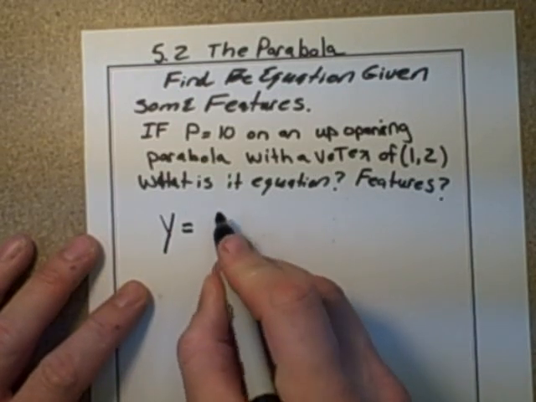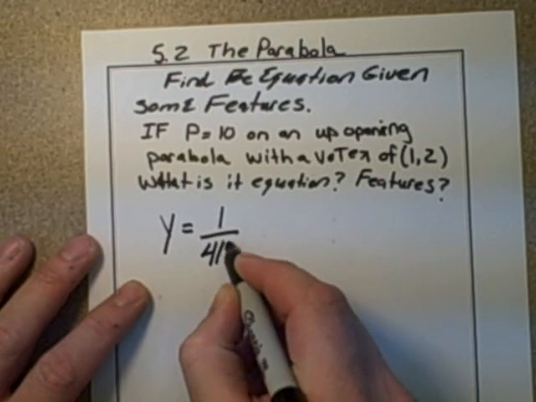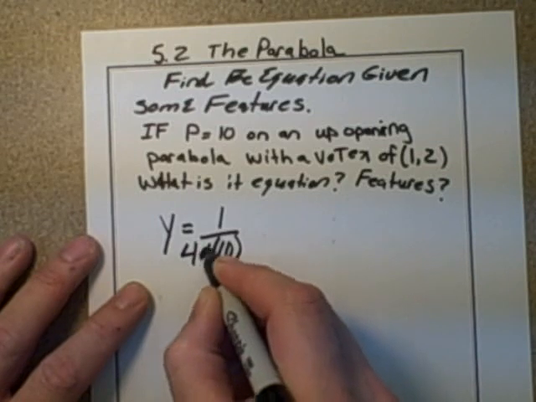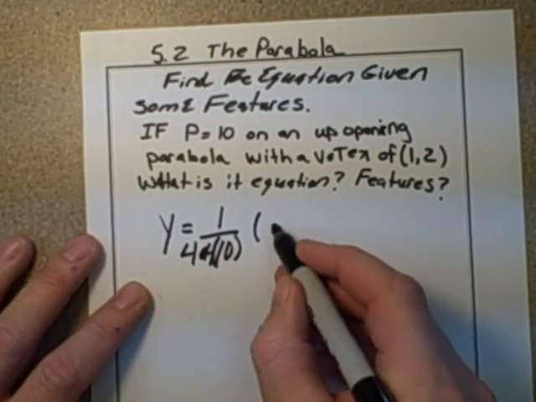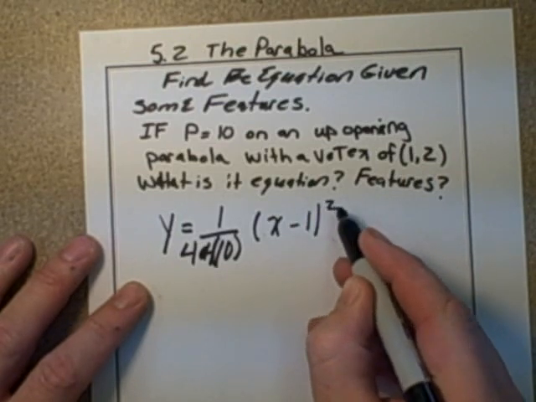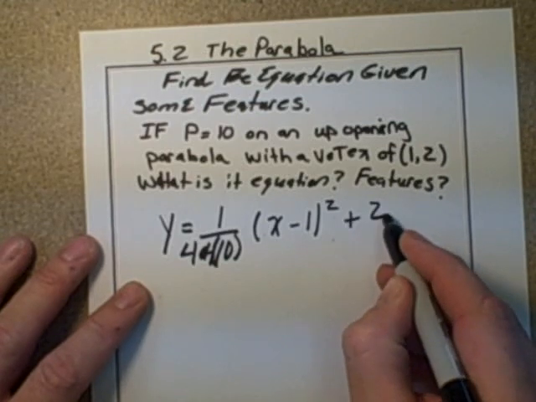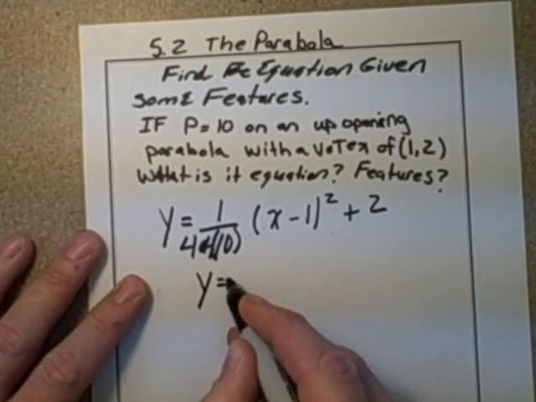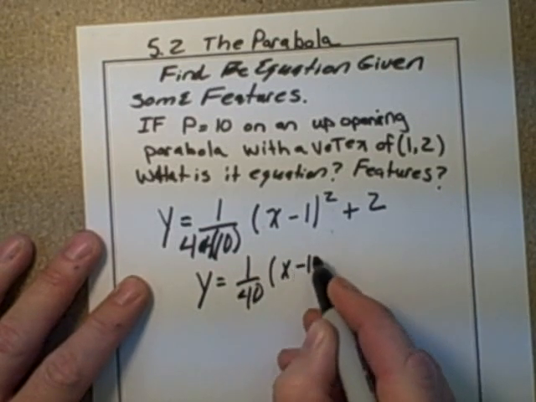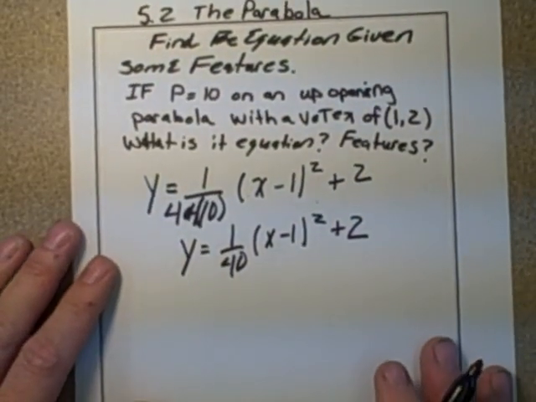Okay, so we'll have 1 over 4p, so 1 over 4 times 10, times x, and the x point will be x minus 1 squared, and this one here would be plus 2. So then our form of the equation is just 1 over 40 times x minus 1 squared plus 2. So there is our parabola.